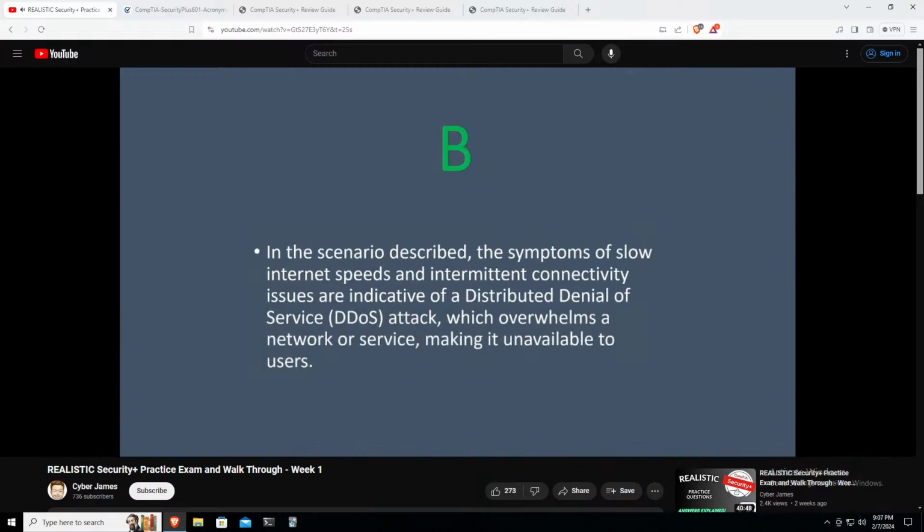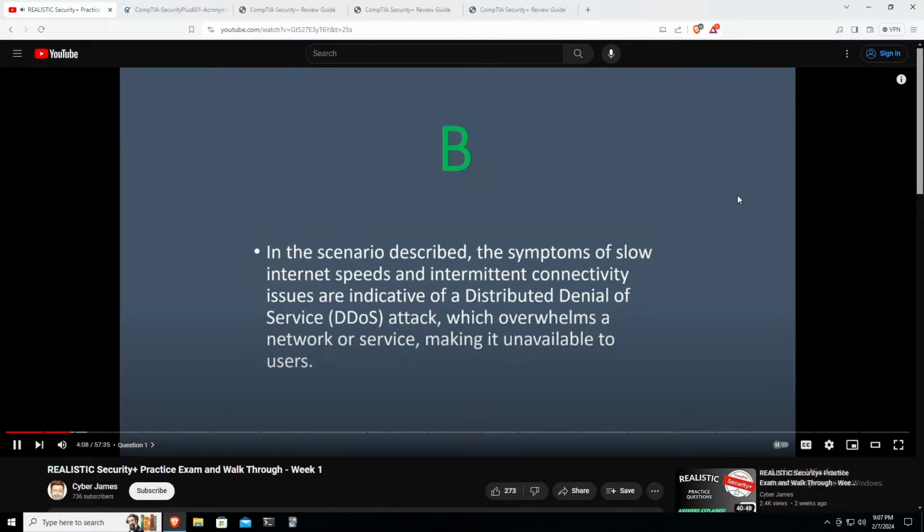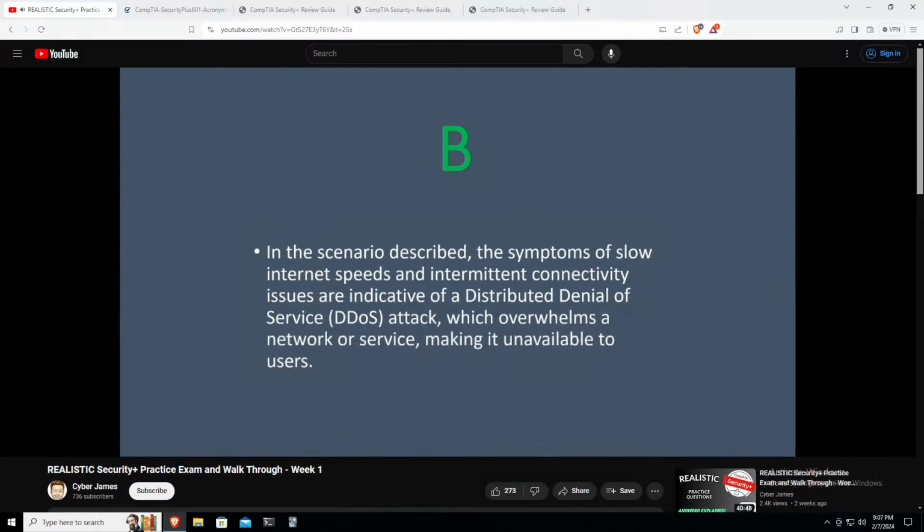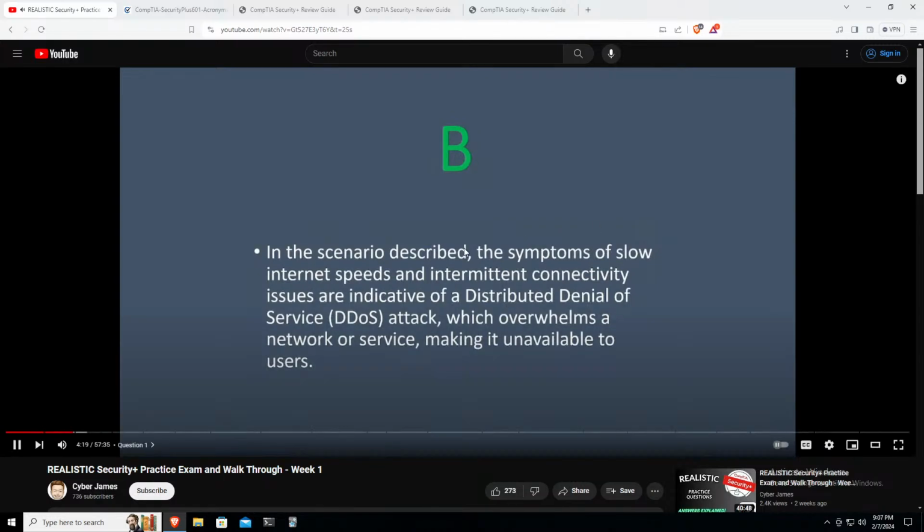Yep, B. In the scenario described, the symptoms of slow internet speeds and intermittent connectivity issues are indicative, whatever that means, of a distributed denial of service, also known as a DDoS attack, which overwhelms a network or service, making it unavailable to users. Great.